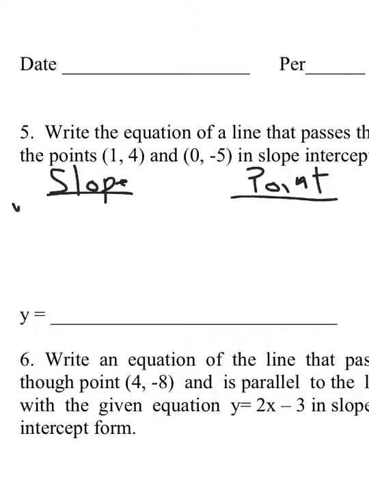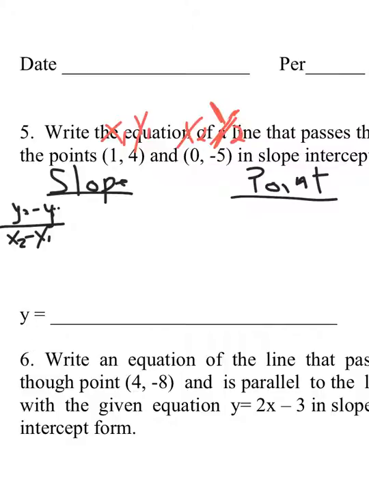And it is basically y2 minus y1 over x2 minus x1. You subtract the y's on top, the x's on the bottom. So if this is x1, y1, and that's x2, y2, then we're just going to put that into the formula.